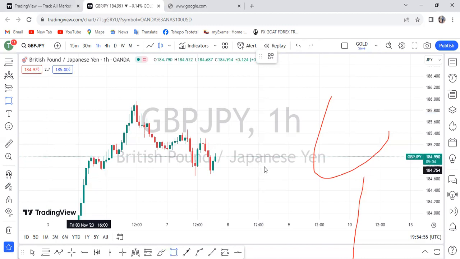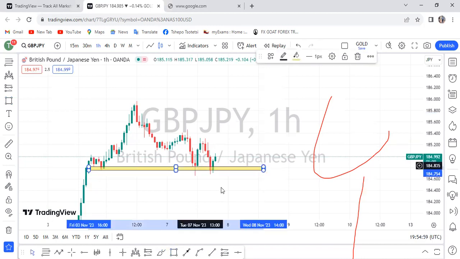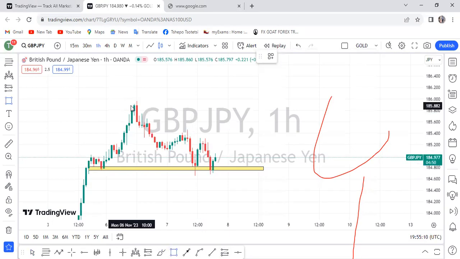So we know, okay, from here, market didn't break this low. It gave us a double bottom. So we're expecting those buys. And we're gonna mark this high here.